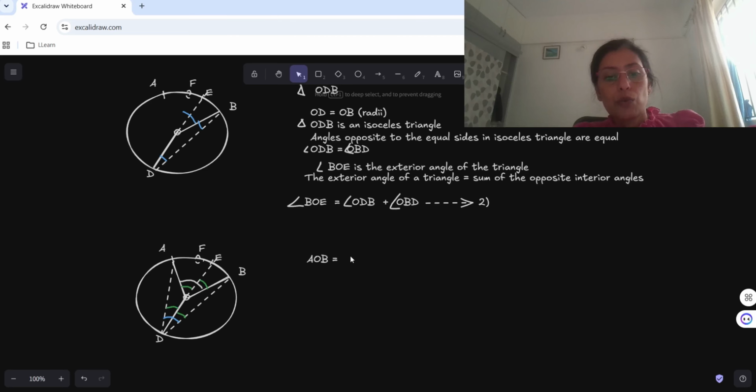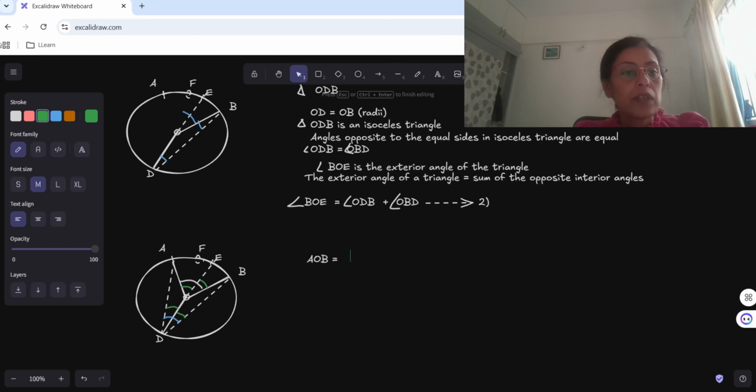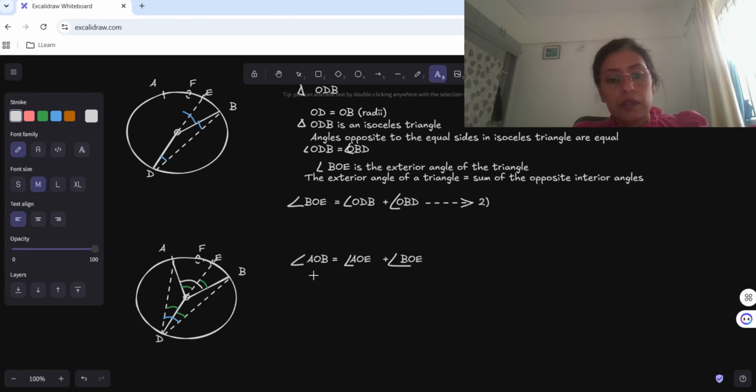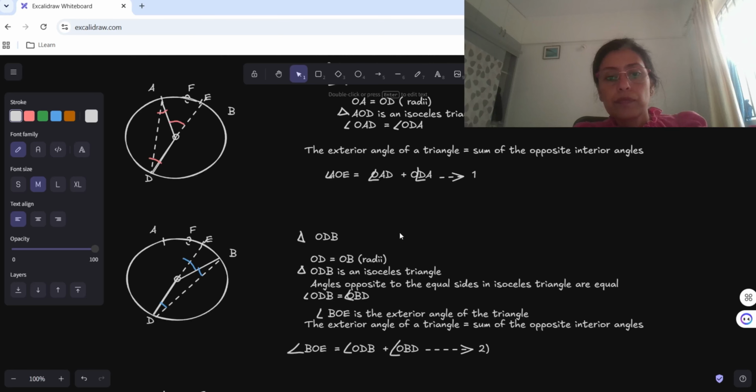Okay, so angle AOB is the sum of angle AOE plus angle BOE. Okay. So what we have seen is angle AOE is equal to OAD plus ODA.